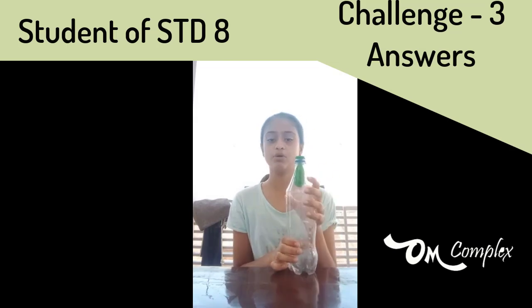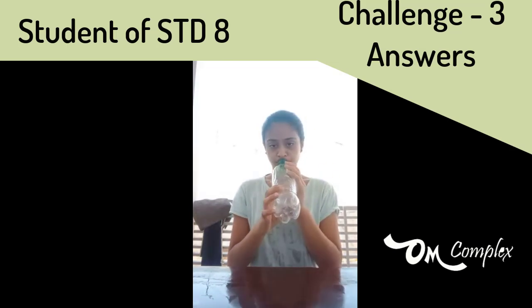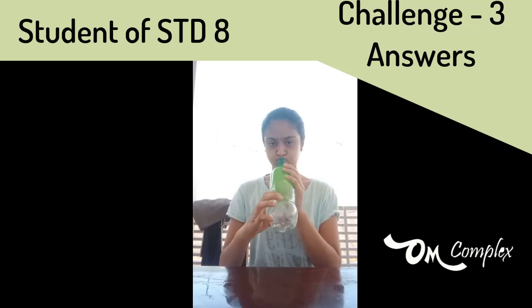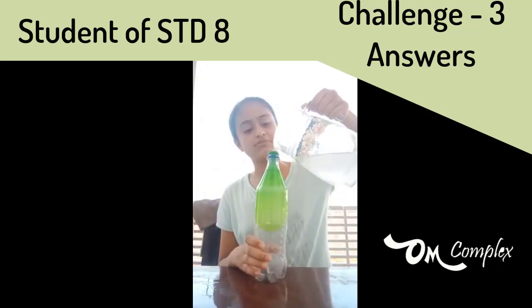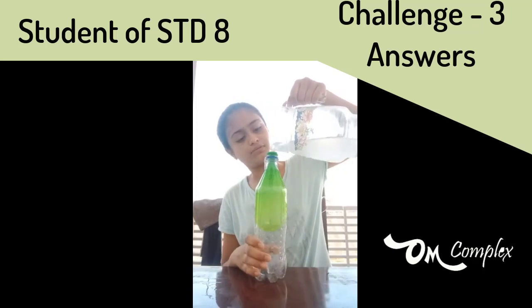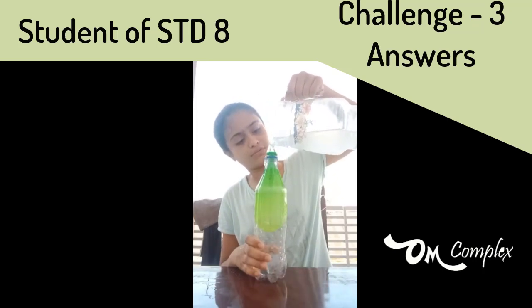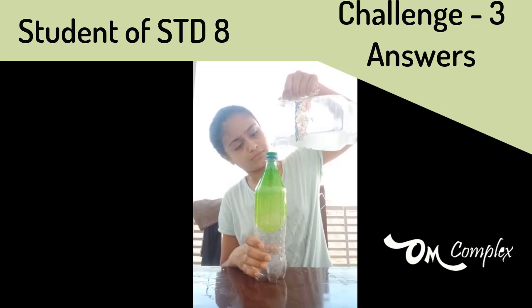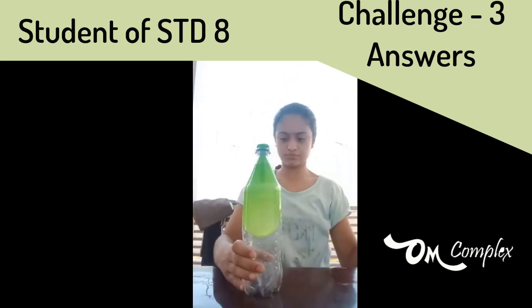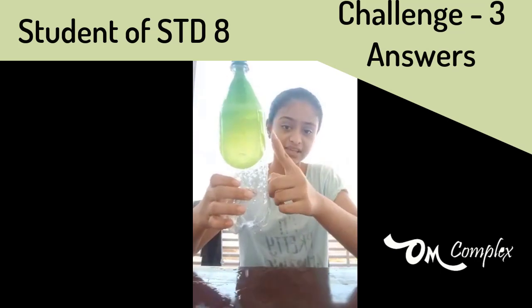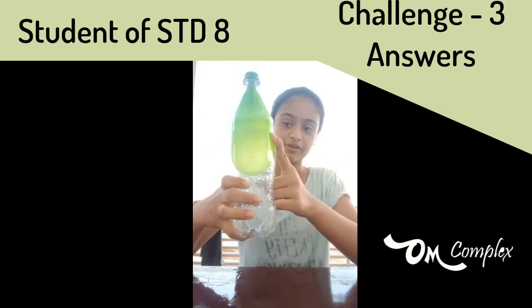For that I have to blow this balloon again. Now I will pour the water from my jar into this balloon. So you can see my balloon is filled with water.